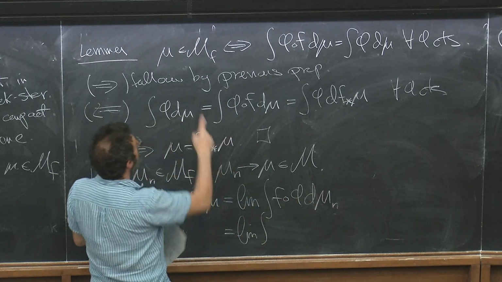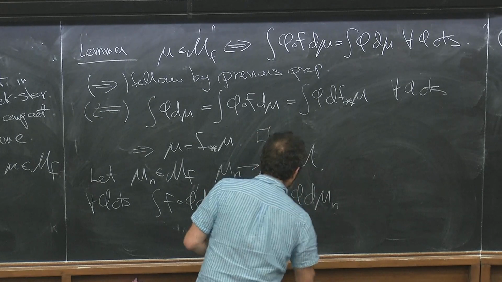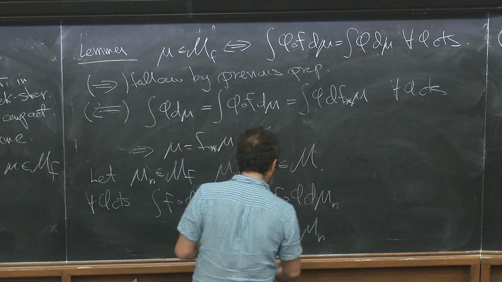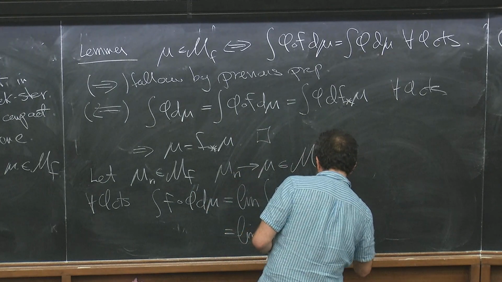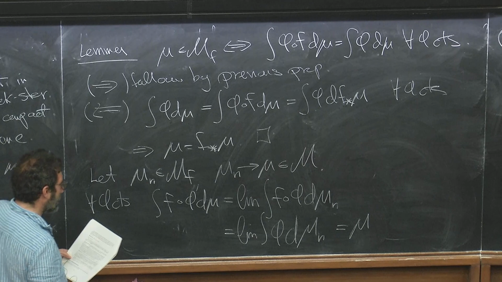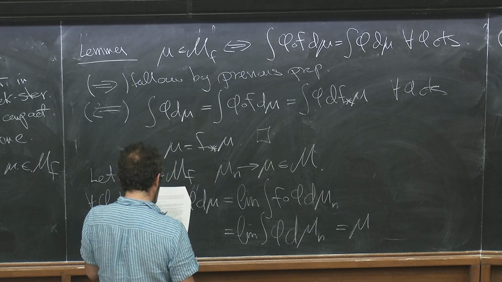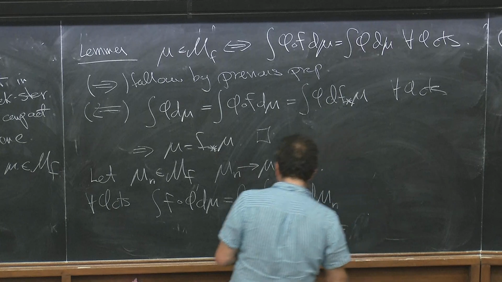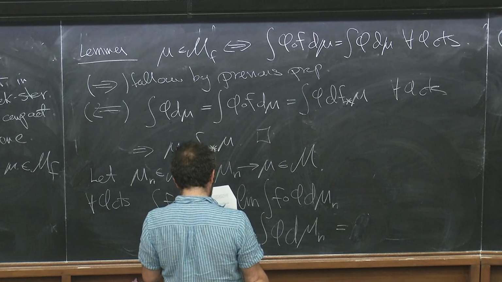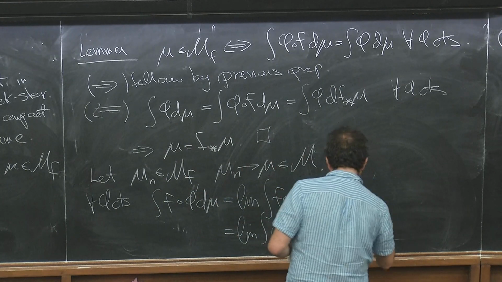because each mu n is invariant, we can apply this lemma. This just says that this is the same as the integral of phi d mu n, and therefore this limit, by the assumption that mu n converges to mu, the limit of these integrals is equal to the integral of phi d mu.